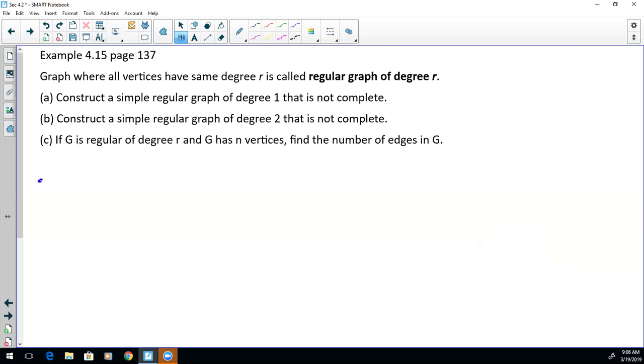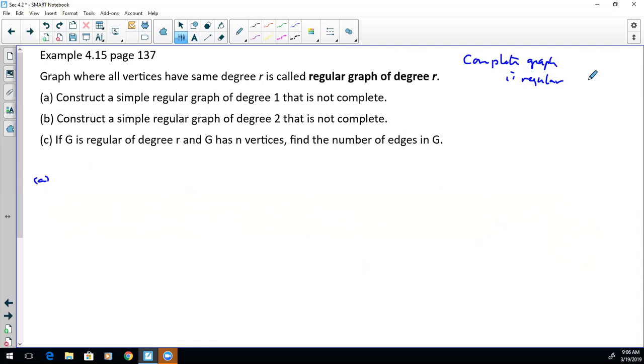Now in part A, we're asked to construct a simple regular graph, so simple meaning no loops, no multiple edges. A simple regular graph of degree 1 that is not complete. Now a complete graph is certainly regular, because every vertex is connected to every other vertex.